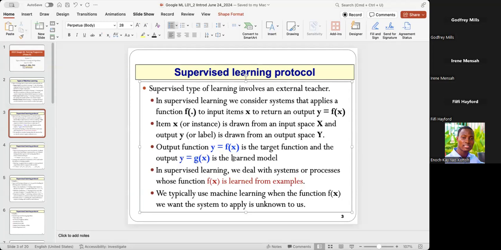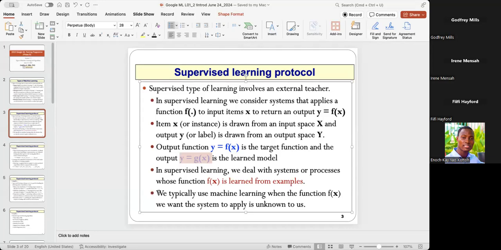So if the algorithm, which we call our function f, has learned that relationship well enough, then when we provide that input, it will give us the output that corresponds exactly to what we are looking for.